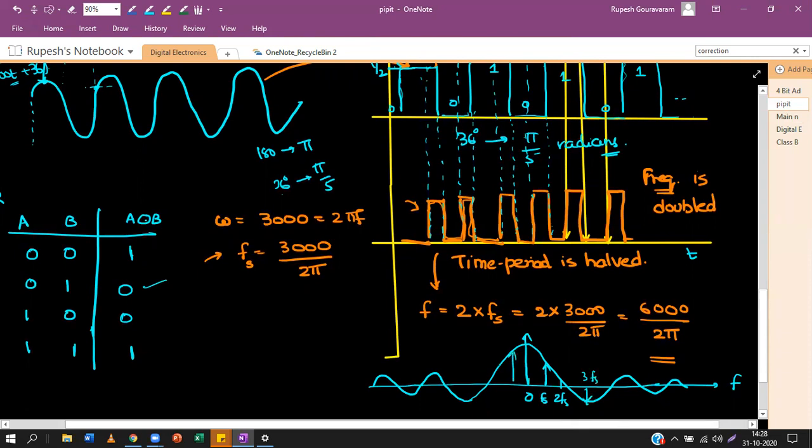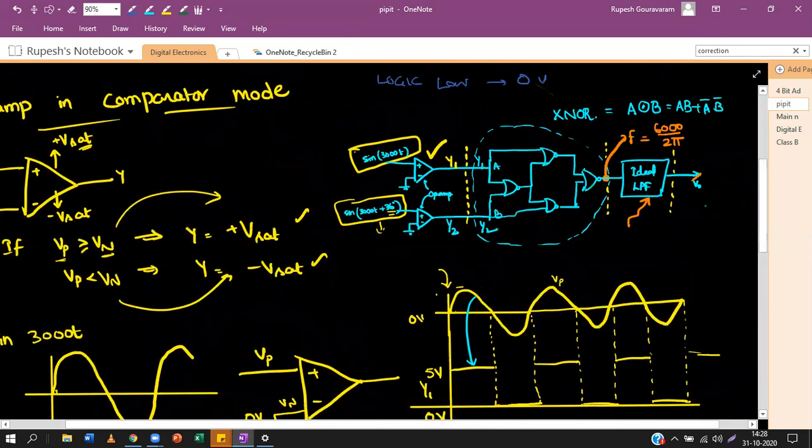Similarly on the other side also, minus Fs, minus 2Fs, minus 3Fs, and so on. And because the Fs value here is 6000 by 2 pi, which is 1000, it won't occur, and only one frequency will be allowed, that is zero frequency. Only this will be passed through the low pass filter shown here.